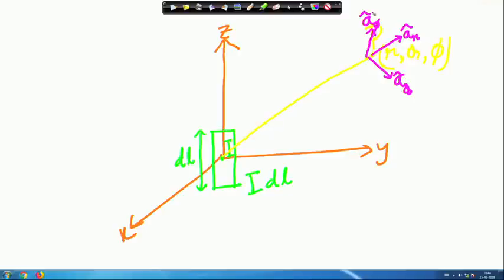We have a short thin filament of current located at the origin, oriented along the z axis.